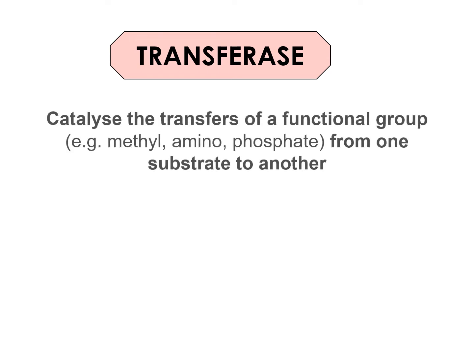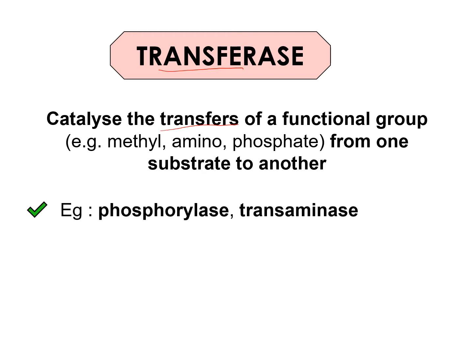Transferase enzyme. The word transfer, so this enzyme catalyzes the transfer of a functional group such as methyl, amino, and also phosphate group from one substrate to another substrate. The examples are phosphorylase, transaminase.